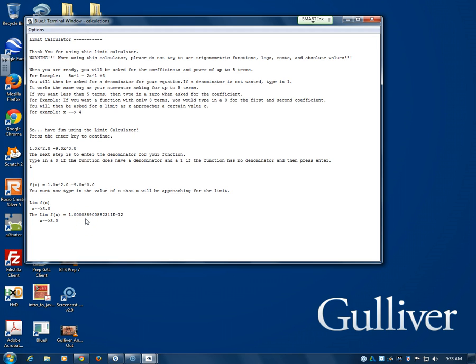You could be getting something other than 0 because of round-off error. Sometimes the computer doesn't know exactly how to compare two things that are exactly equal to each other, especially when you're doing a calculation with a double.